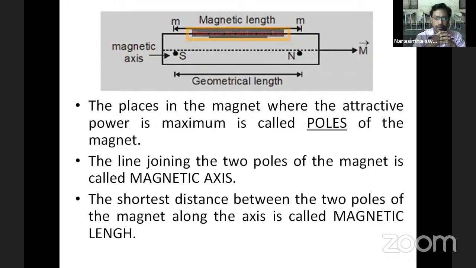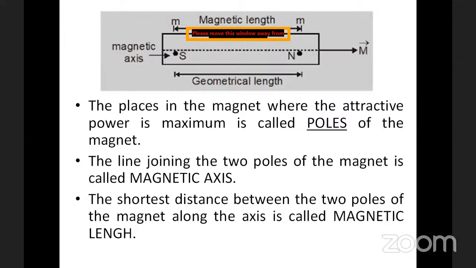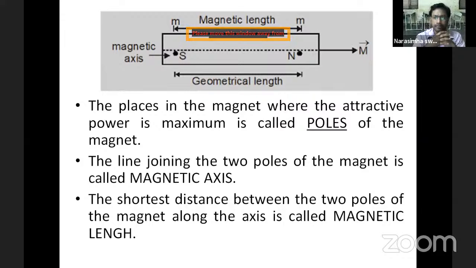In a magnet, the attraction is not there at all places. The maximum attractive power is present at particular points. The places in the magnet where the attractive power is maximum are called the poles of the magnet.